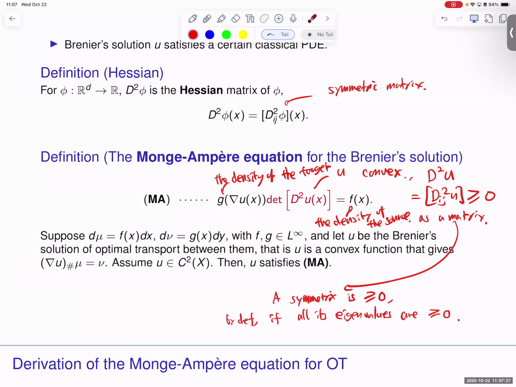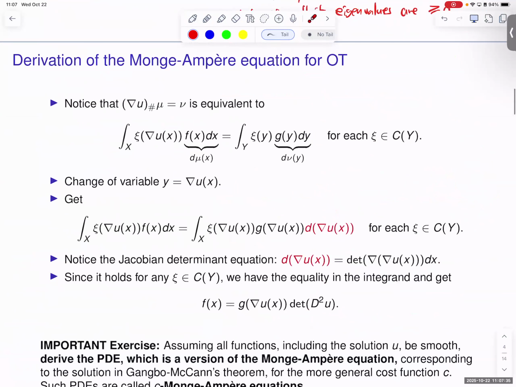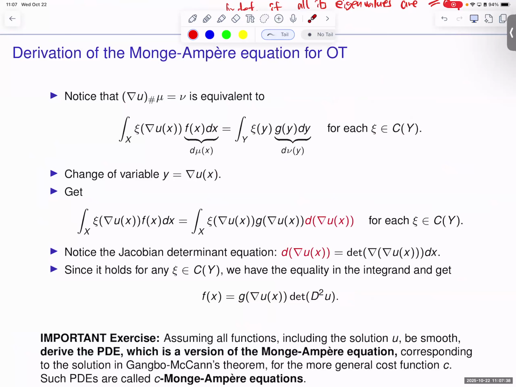Let us explain why this is related to the Monge equation. That is just basically calculus, but let's do it together. This transport condition can be written in the following way: for any continuous function psi, integrating psi evaluated at gradient of u at x against the measure mu is the same as integrating psi at y against the measure nu.